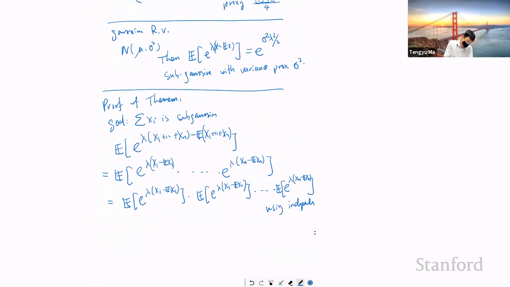And then you just say, I know that each of these random variables is sub-Gaussian, so I just use my definition that each random variable is sigma i squared sub-Gaussian. So you bound it by e to the lambda squared sigma 1 squared over 2 times e to the lambda squared sigma 2 squared over 2. This is by definition.